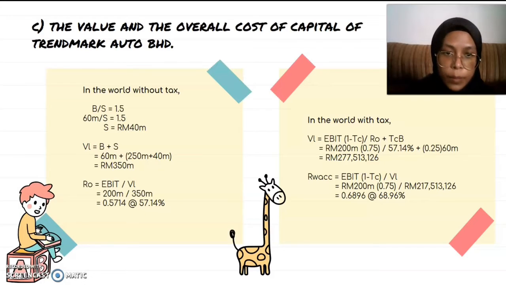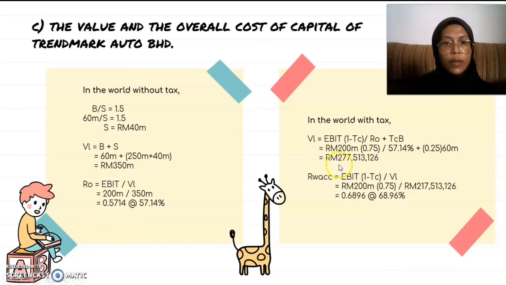Then we can calculate in the world with tax. So the value of the firm in the world with tax is EBIT multiplied by 1 minus tax divided by RO, plus TCB. So 200 million times 0.75, which is 1 minus the 25% tax, divided by the RO we calculated just now, 57.14%, plus tax multiplied by the debt, which is 60 million.